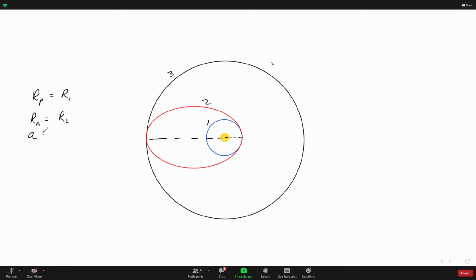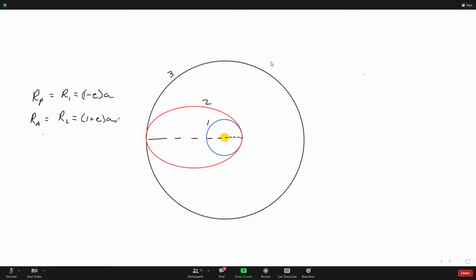Well, it turns out you can solve this in a number of different ways. Let me show you different ways to do it. So the orbit at perihelion has to be 1 minus E times A. And at aphelion is 1 plus E times A. Now, since you know these two numbers, the radius of the Earth's orbit and the radius of Saturn's orbit, you've got 2 equations and 2 unknowns.